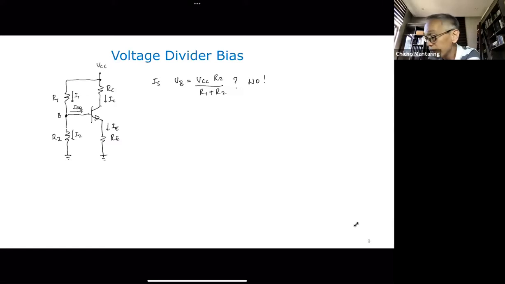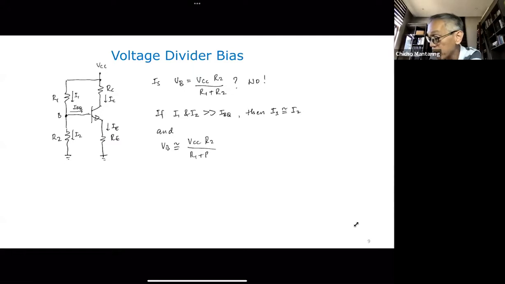Now, when I1 and I2 are very much greater than IBQ, then I1 will be approximately equal to I2, and V sub B will now be approximately equal to VCC R2 over R1 plus R2.